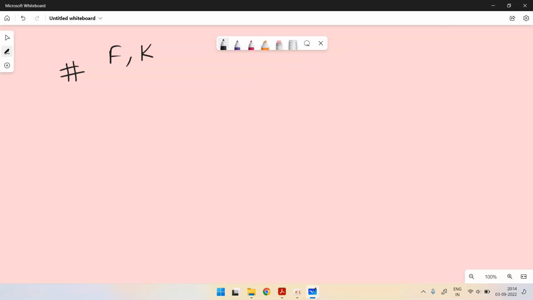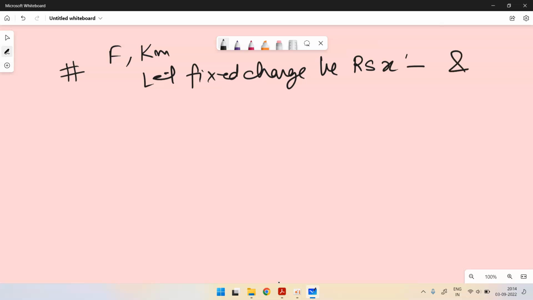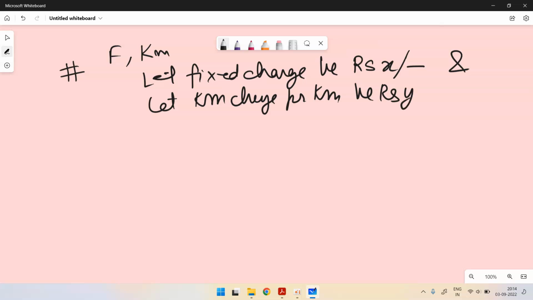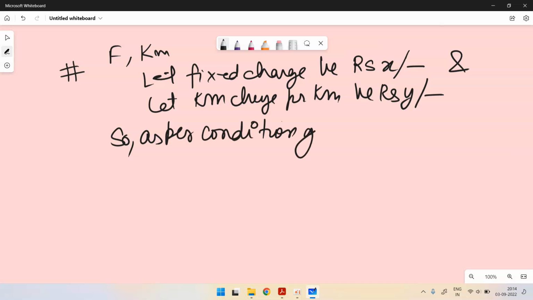So let the fixed charge be rupees x and let the charge per kilometer be rupees y. So as per the conditions given, now what are the conditions?